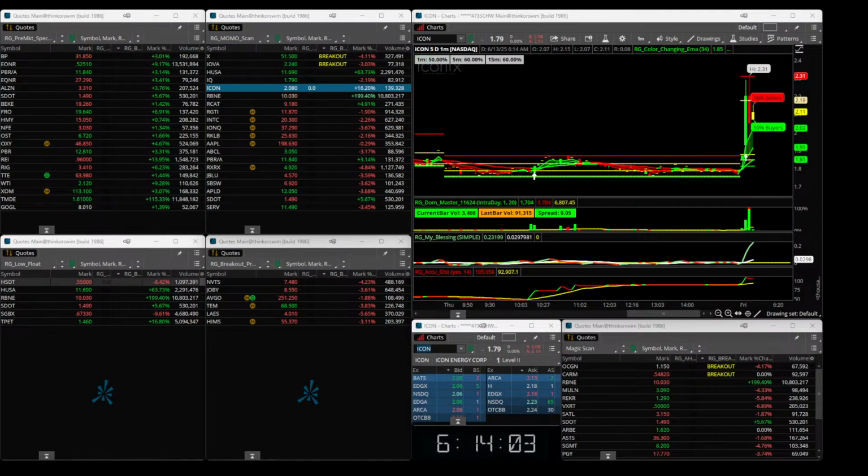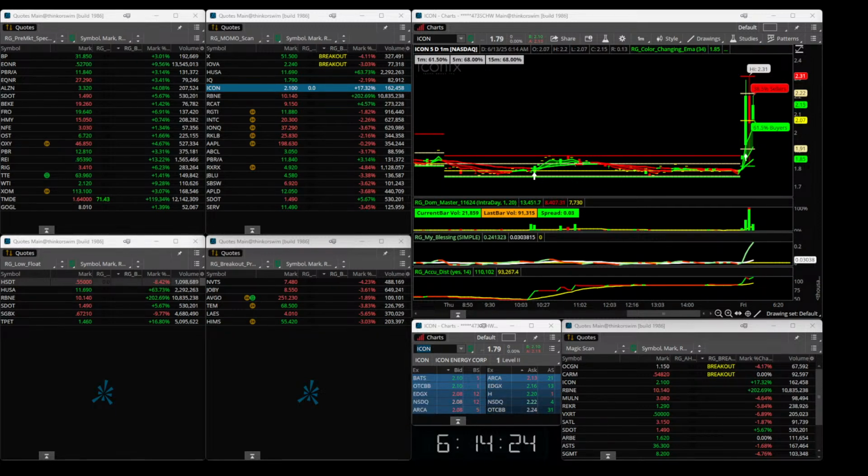Icon bouncing around, went up, pulled down hard, so be careful of a pump and dump. We don't want this one to just fall to the bottom and take everything we just earned. Again, it's a cheaper stock. I won't be trading it. It's too bouncy for me to start.